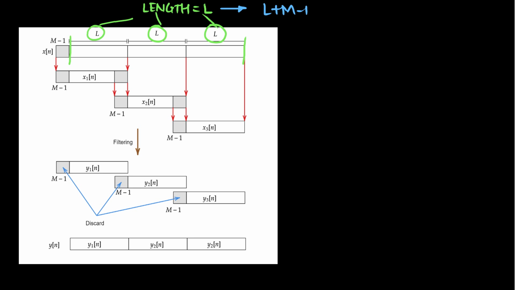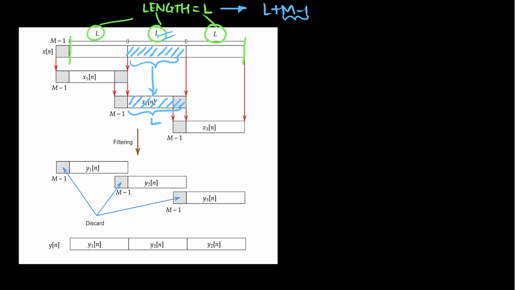So what we do is we consider m minus 1 points from the previous block. For example, this block here, the shaded region, is of length L, so we consider this entire block as it is.